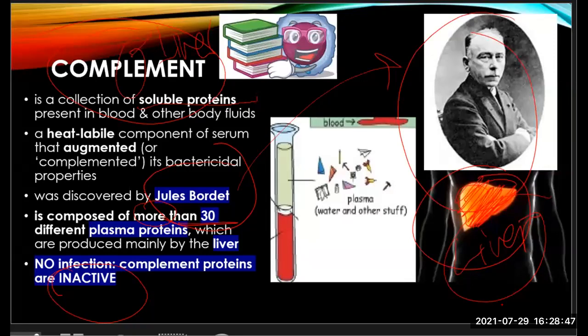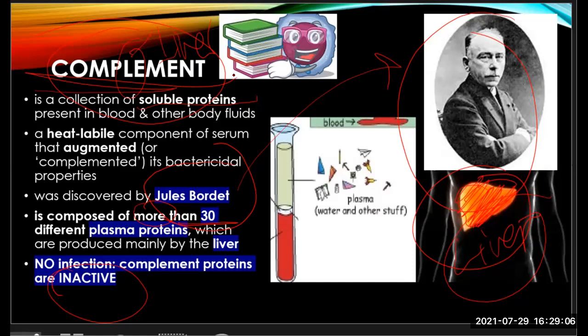Whenever a pathogen breaches the host epithelial barriers and initial antimicrobial defenses, it next encounters a major component of innate immunity known as the complement system, or complement. And what is it?